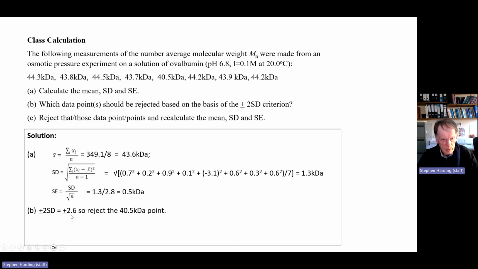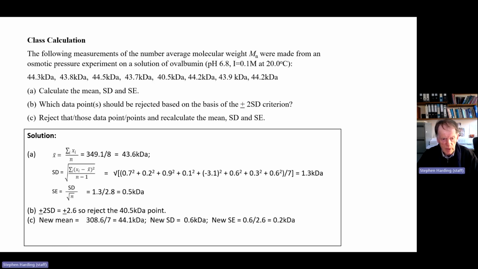So we look for points which are plus or minus 2.6 kilodaltons away from the mean value. And in fact, if you look across the data, there's only one which falls outside the plus or minus 2.6, and that's this point here. So we reject the 40.5 kilodaltons point.